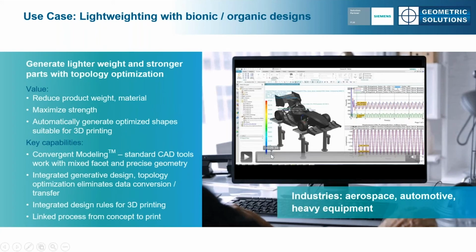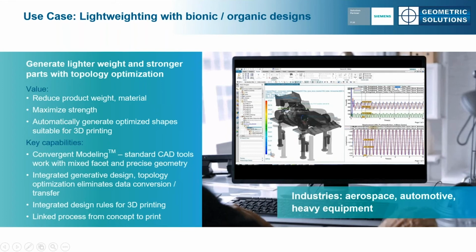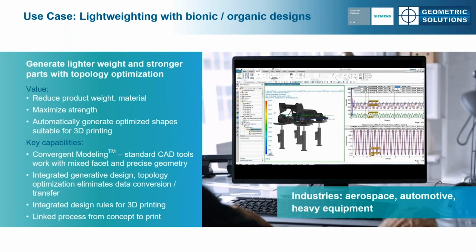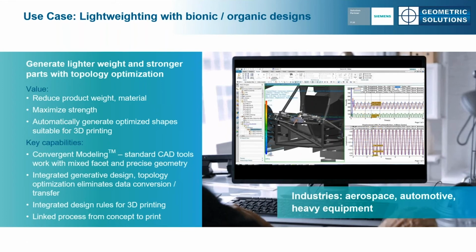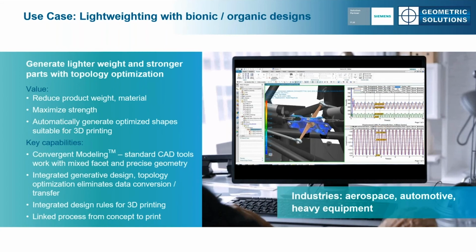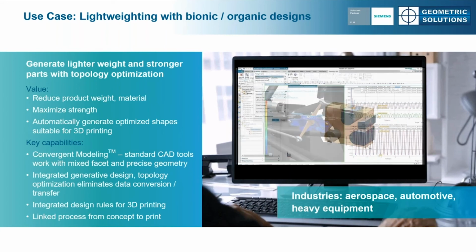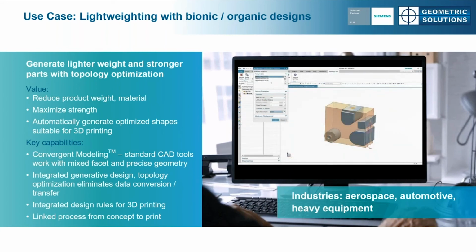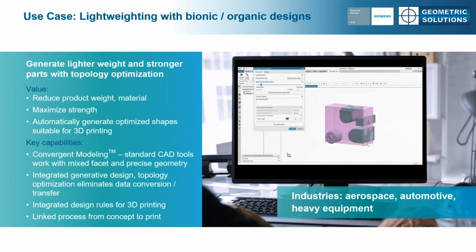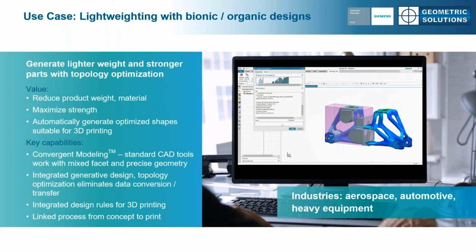So another example is that designers and engineers can reimagine the next generation of bionic or organically shaped products that are optimized for performance and that can be effectively produced using additive manufacturing. Now, this use case is showing the powerful tool Topology Optimization.